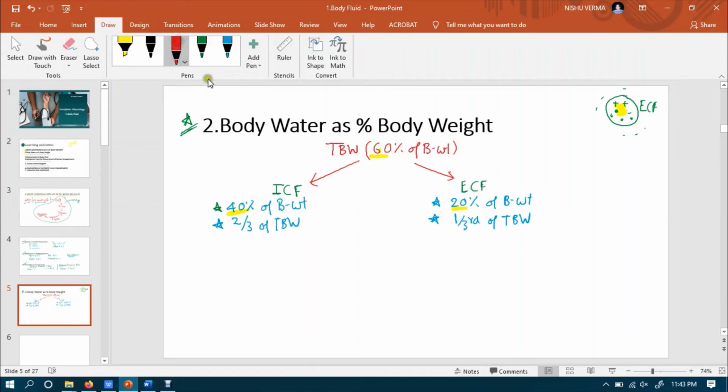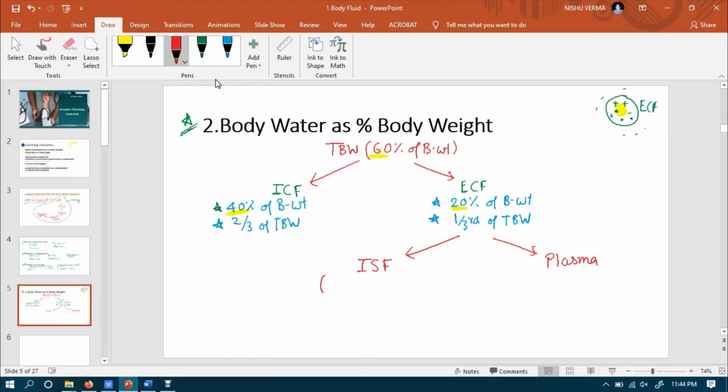We can also understand that the extracellular fluid is composed of two things: interstitial fluid, ISF, and plasma. The interstitial fluid we can find from a formula.